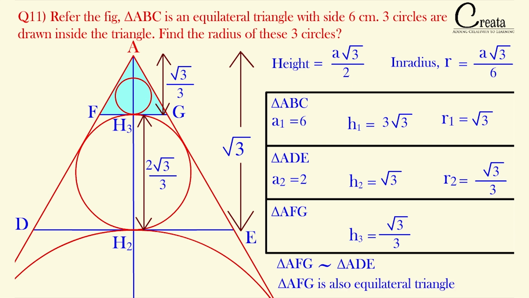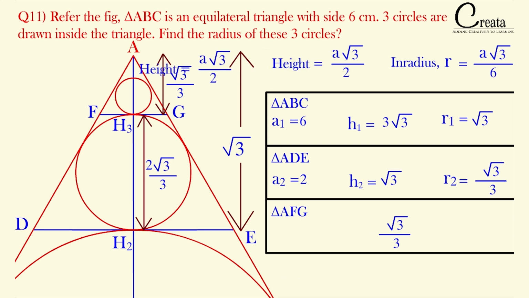Got it? Let's try to calculate the side of this triangle AFG. We know the formula of height as a√3/2. Here let's denote the side of this triangle as A3, height as H3 and inradius as R3. Here H3 is equal to A3√3/2 and we know H3 is equal to √3/3.